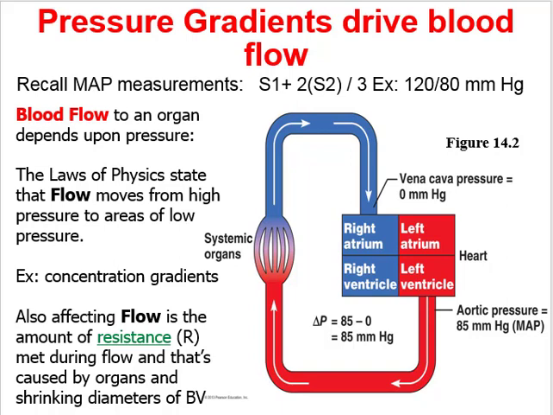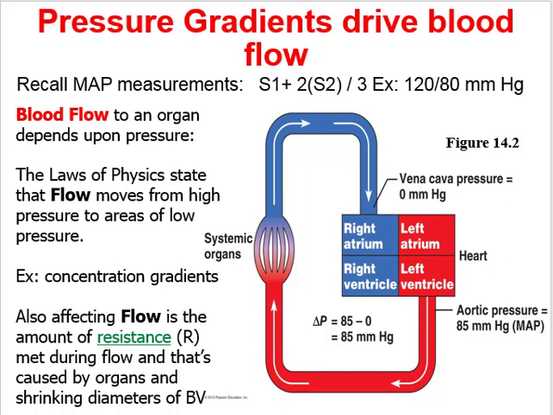So the blood flow to an organ is determined by two things. This would be true for any liquid in a closed system. The laws of physics state that flow moves from high pressure to areas of low pressure, just like when we started talking about concentration gradients across a cell membrane back in Unit 1.